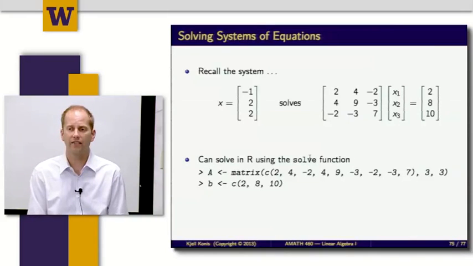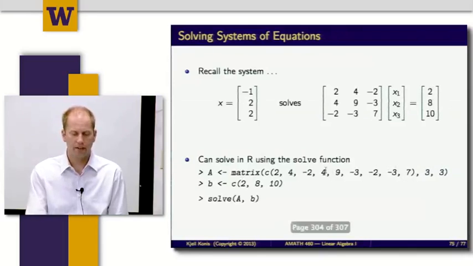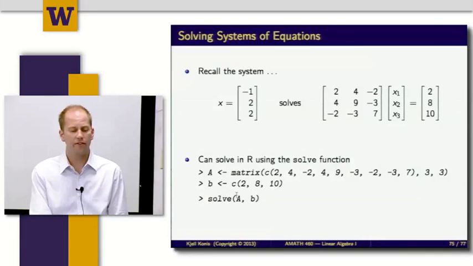This is a very common problem that you want to be able to solve, so there's a function built in that's going to do this for you. I first make my coefficient matrix A, which I did here just by typing it in. Then I make a vector B that just has 2, 8, 10 in it. And then I just call the solve function. The syntax is the coefficient matrix, and then the right-hand side vector. And that just prints out the answer, -1, 2, 2.